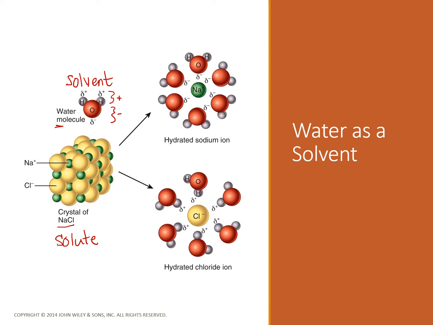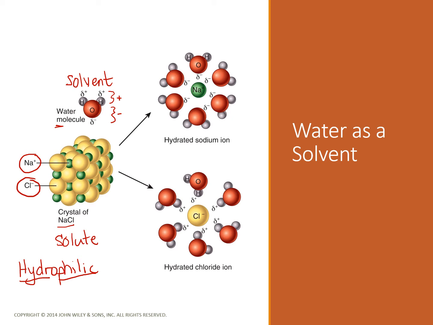Solutes that are charged or contain polar covalent bonds, these are hydrophilic. Philic means loving, and hydro means water. So ones that are charged, like sodium chloride, sodium has a positive charge, chloride has a negative charge.